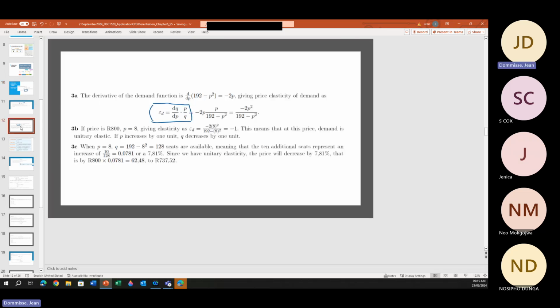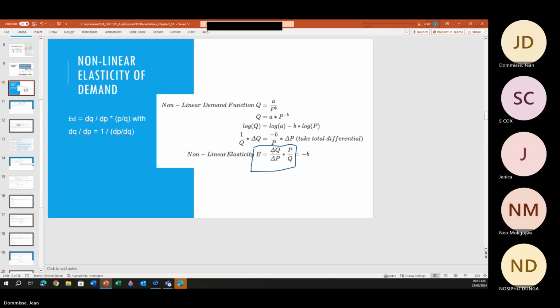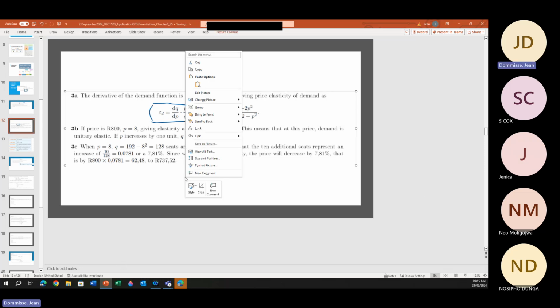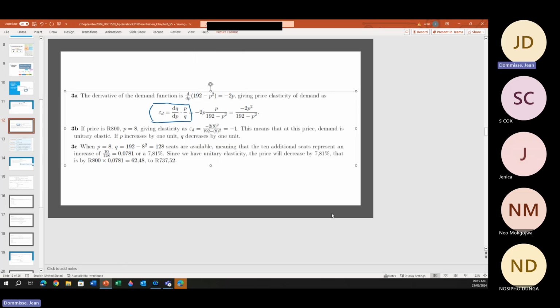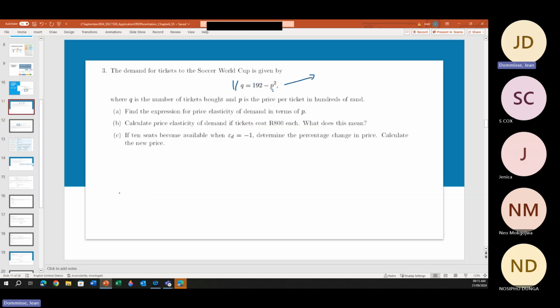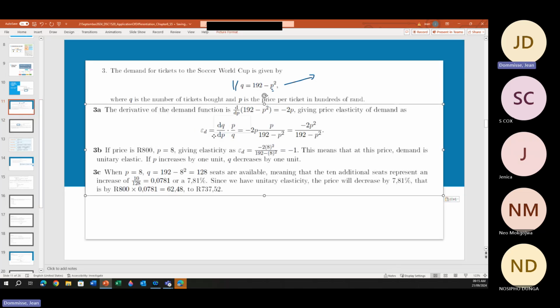Let's see, it is exactly the same: change Q, change P, times P over Q. Okay, so let's copy that in. And again, you don't need to remember these formulas off by heart. You just need to know which ones to use.